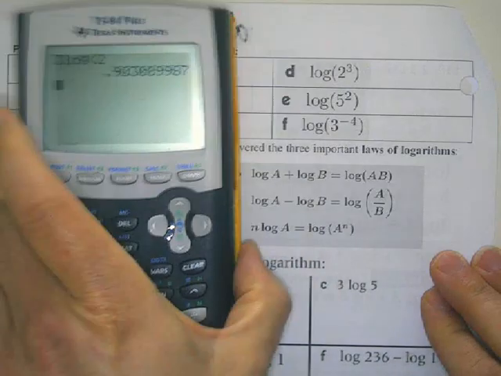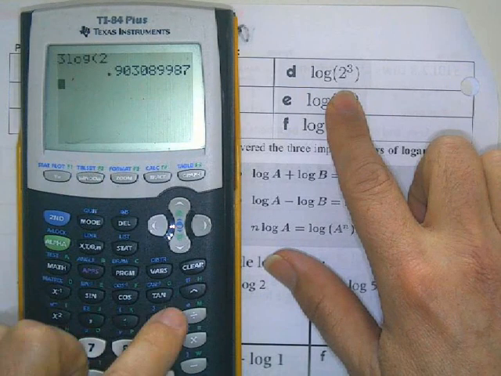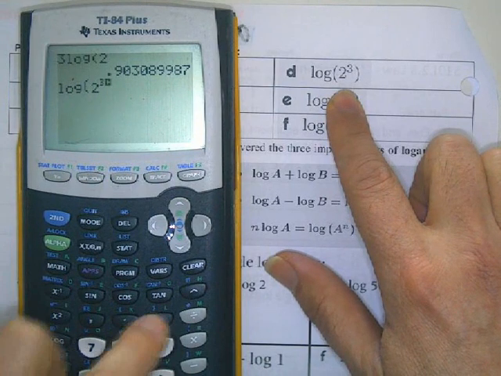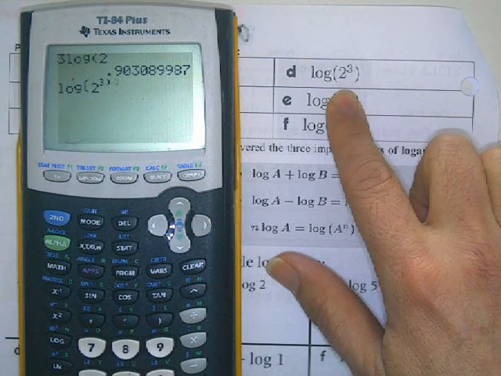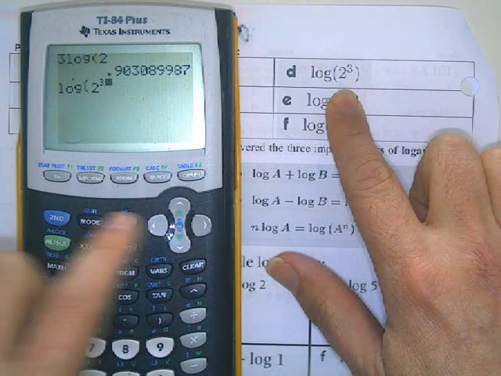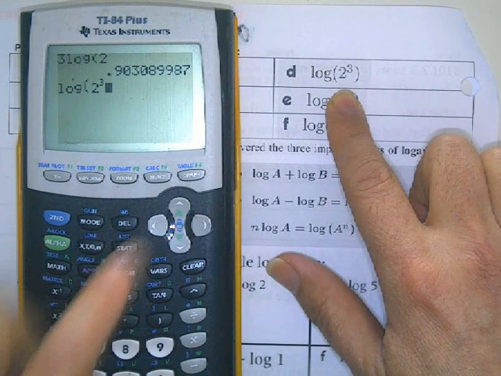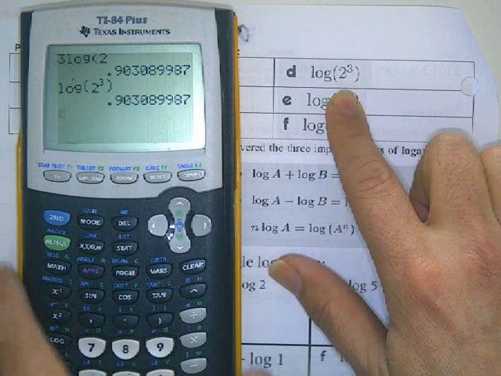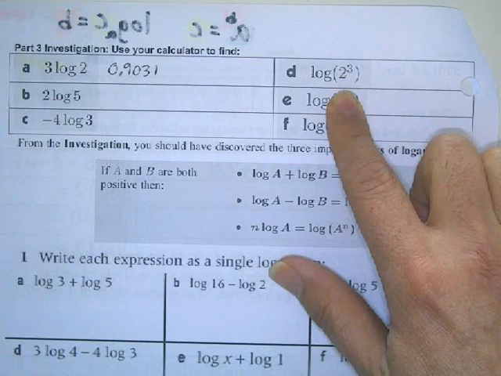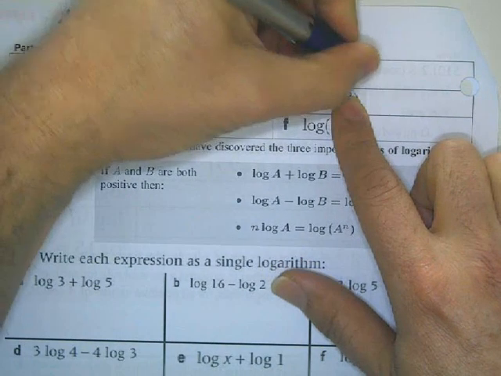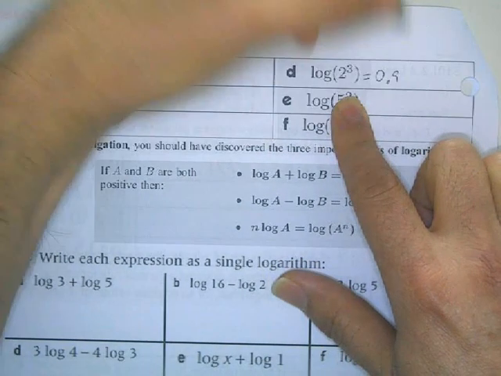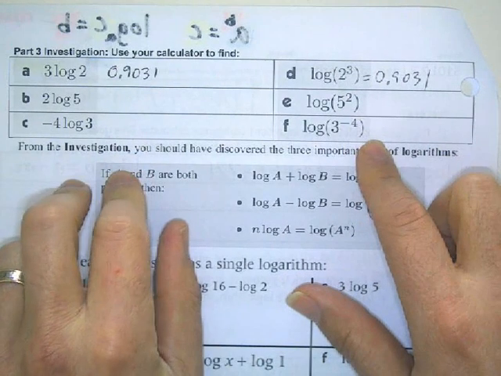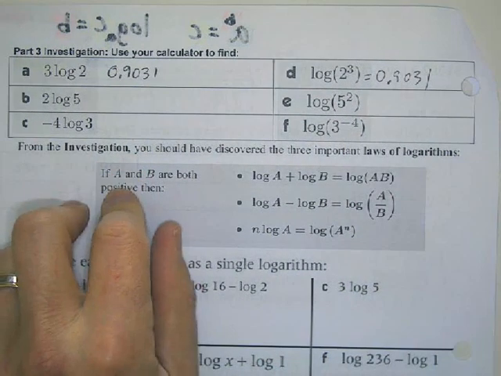And log of 2 cubed gives me, oh my gosh, it's the same thing. I'm going to let you try these other ones on your own and hit pause.